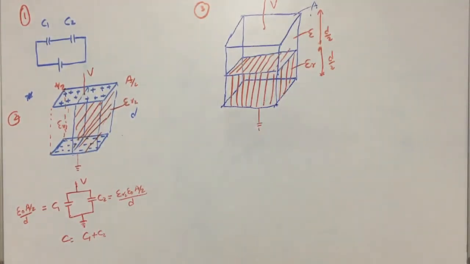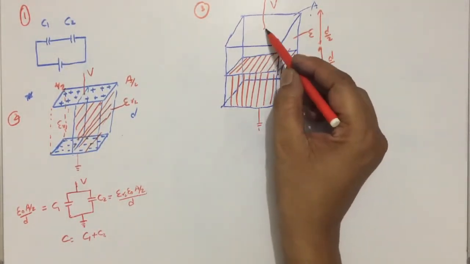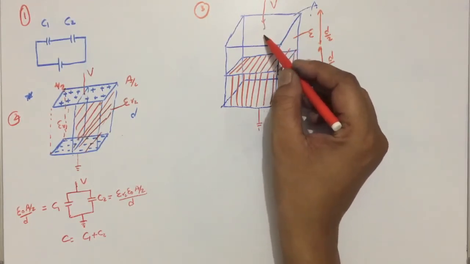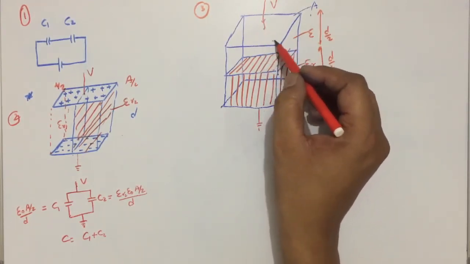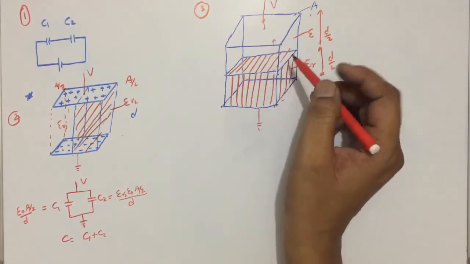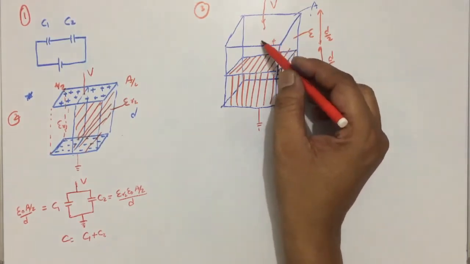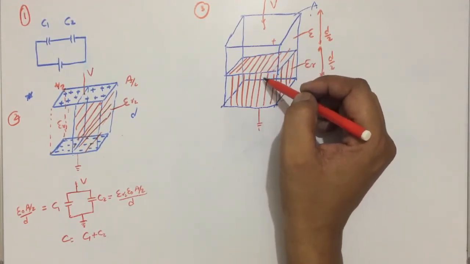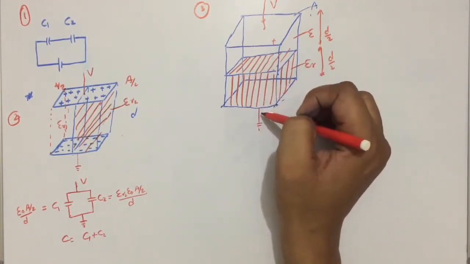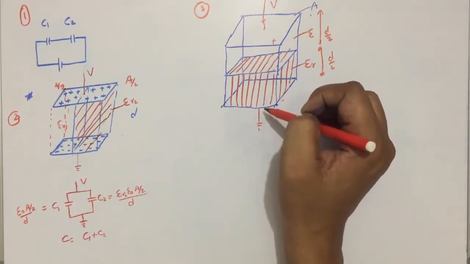Now in this case, the current that enters from here will pass through this, positive negative it is understood, pass from here, and at this surface same current will enter in this surface and pass to the another plate of the capacitor.